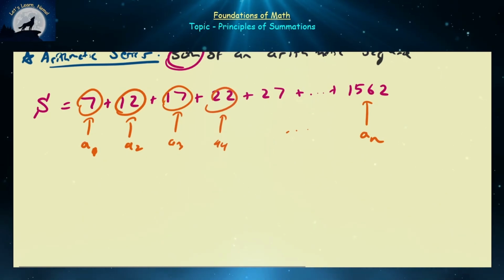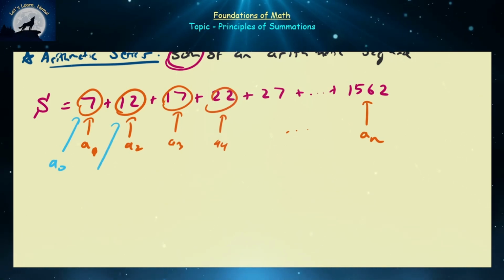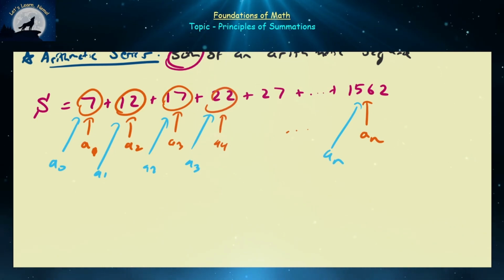So I have introduced the notation 1, 2, 3, 4, and down to AN, and some people might actually also call this A0, or the initial term. Some people call it A0, the initial term, instead of A1. So if that's A0, then that means that is A1, that is A2, and that is A3. And some people will still refer to this AN as the terminating point.